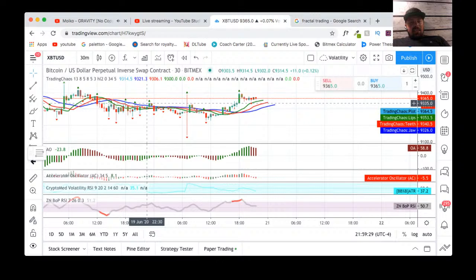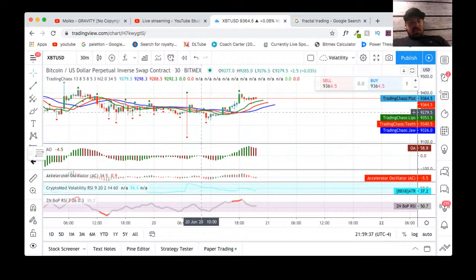So I might have even traded this fractal here, but that would have been risky because it was below the alligator. This is the alligator. This red, green, and blue line is the alligator. And you always want to trade with the trend. The trend is your friend, as they say. But here's what I would have done.